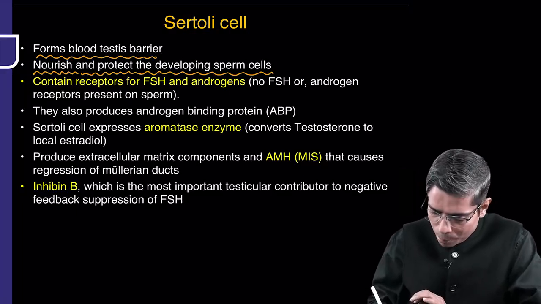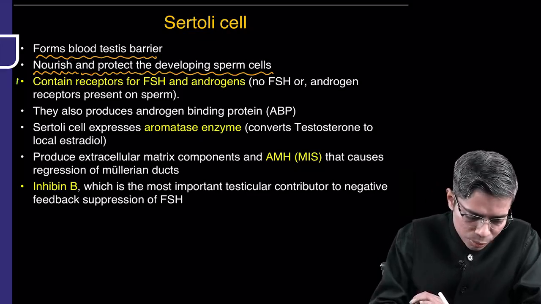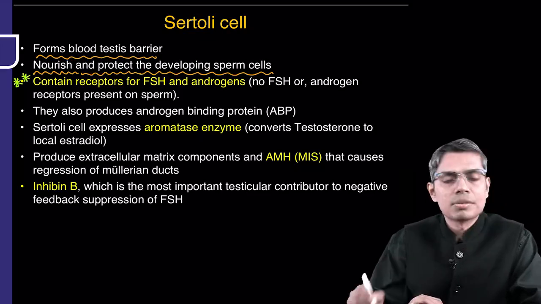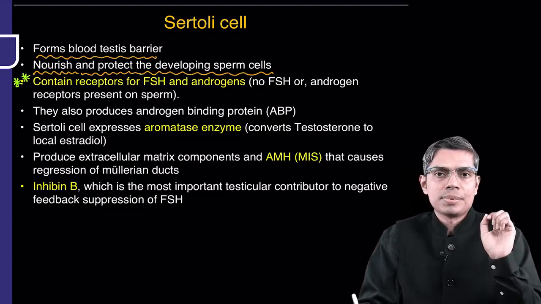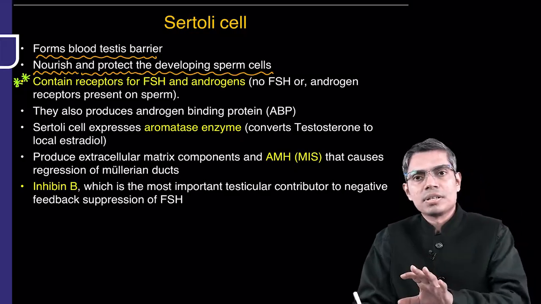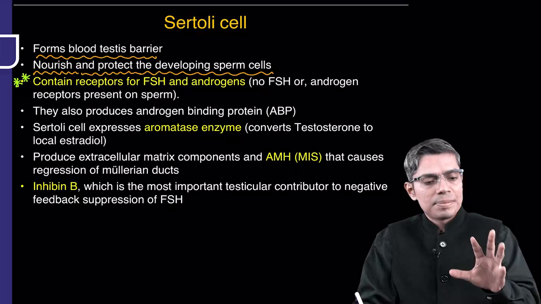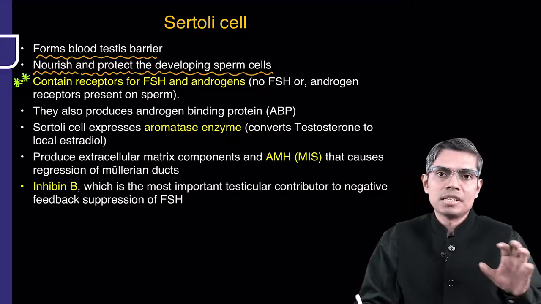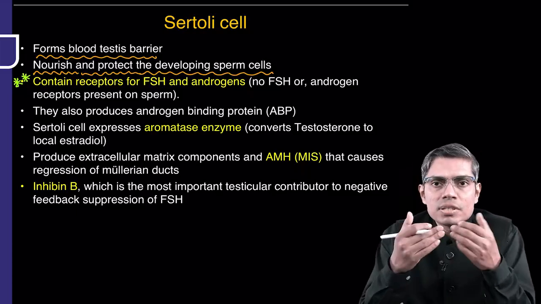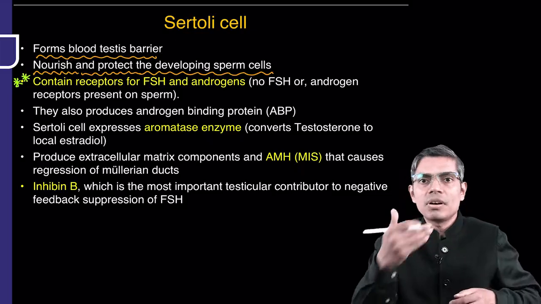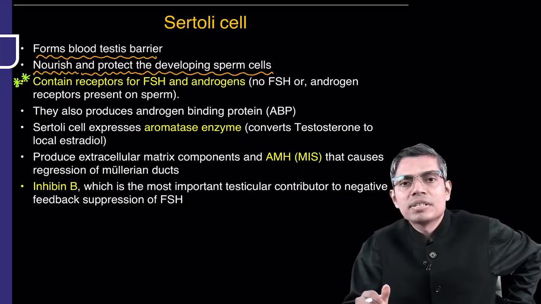Now, an important MCQ that has been asked: which receptor is present on the Sertoli cell? The FSH receptor as well as the androgen receptor is present on the Sertoli cell. Neither the FSH nor the androgen receptor is present on sperm. So during the process of spermatogenesis, if I ask you what is the role of FSH, FSH is not directly acting on the spermatogenic cell.